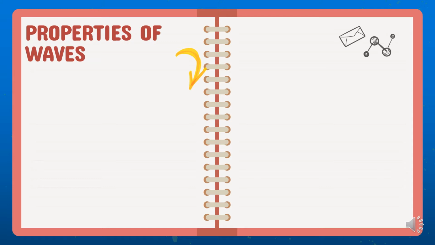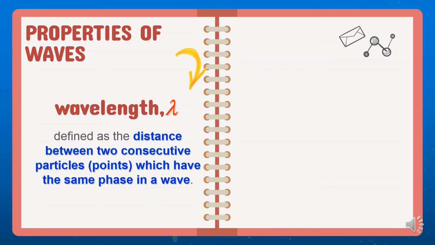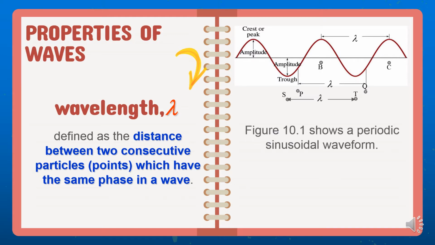10.1a Properties of wave. Wavelength, lambda. Lambda is defined as the distance between two consecutive particles which have the same phase in a wave. Figure 10.1 shows a periodic sinusoidal waveform.